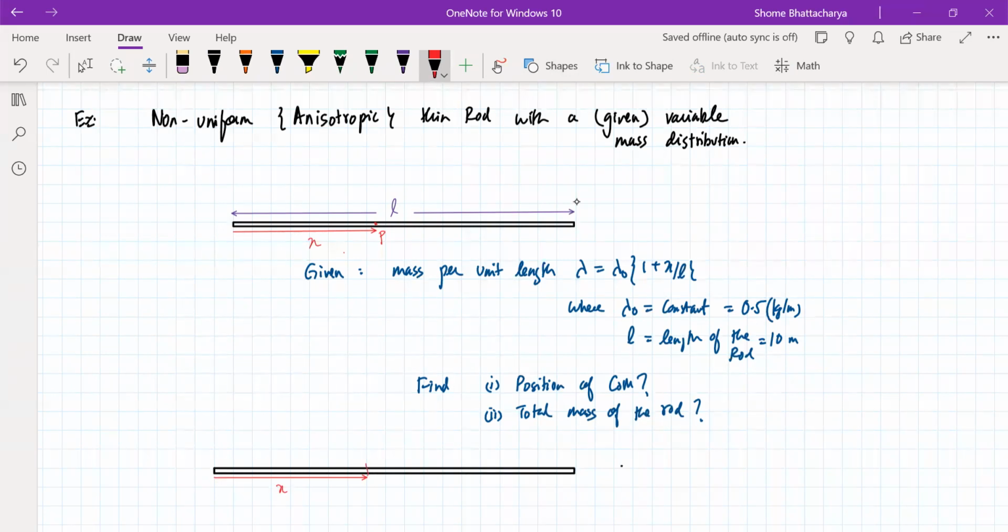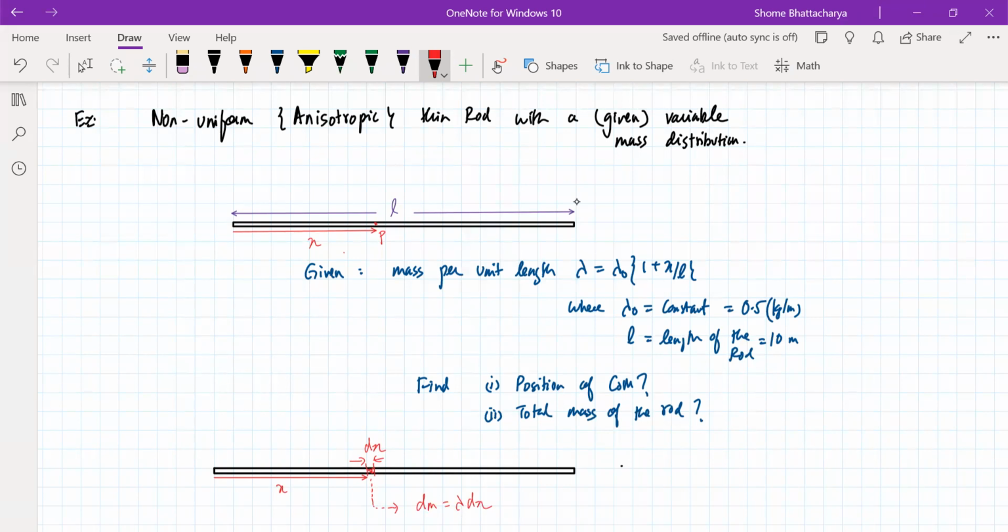We can cut the rod into a small length element dx because it's along the x-axis. So this length element dx is now acting like a particle.